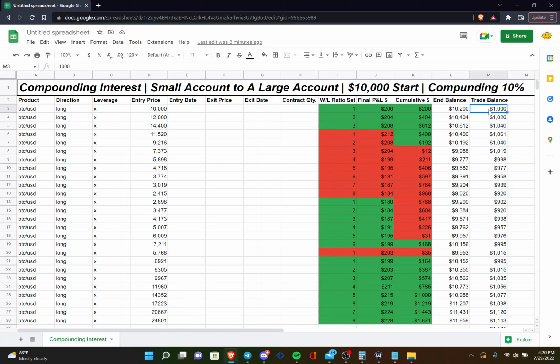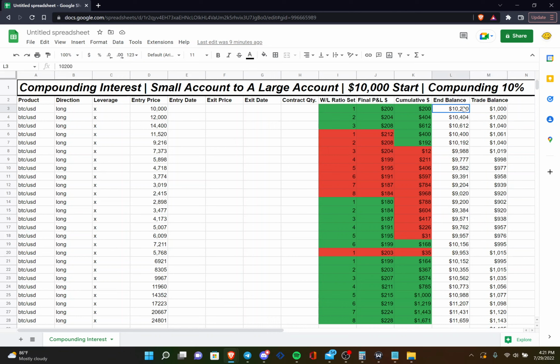And then because you're only risking 10% of the account, we're only going to be per trade opening up $1,000, right? So the first trade was $1,000. You made $200 from that $1,000 because Bitcoin moved from $10,000 to $12,000. That's a 20% increase. So you made 20% off $1,000, hence $200.